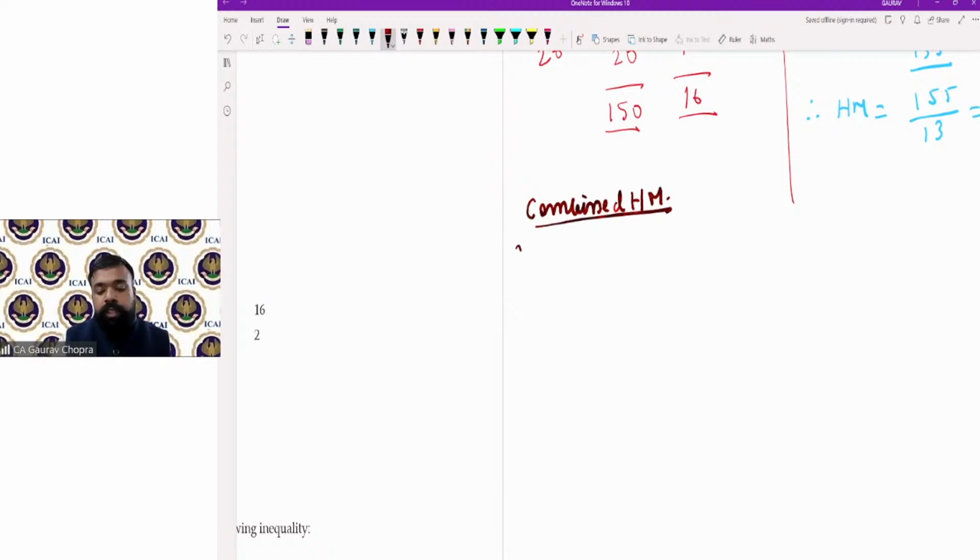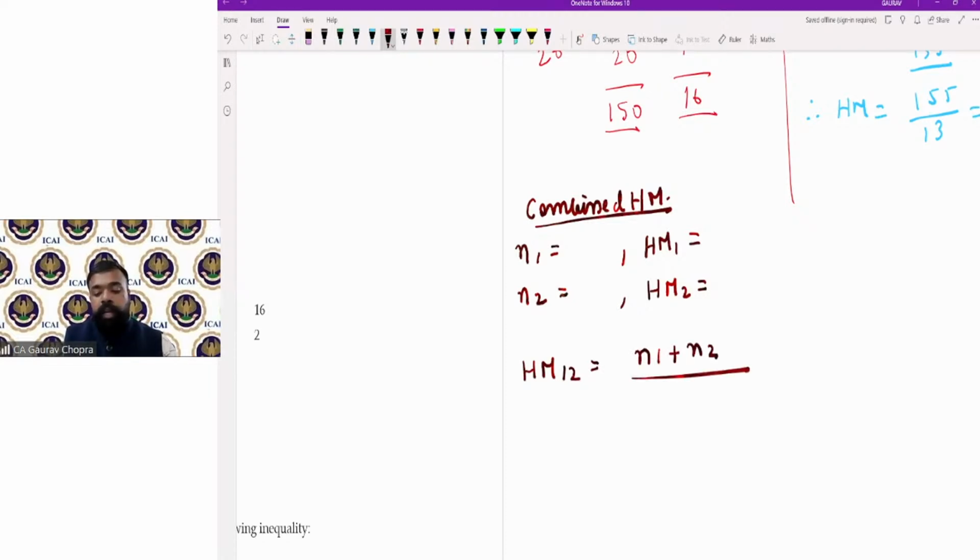For this, N1 and N2 will be given, HM1 and HM2 will be given. You have to combine all this and find out HM12. So what will be the formula? N1 plus N2 divided by N1 upon HM1 plus N2 upon HM2. So this is your formula.